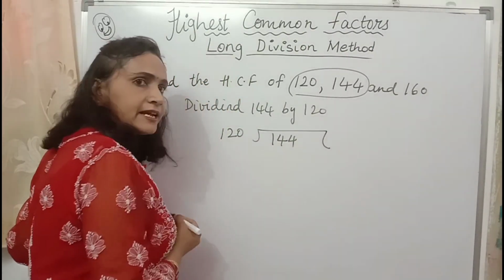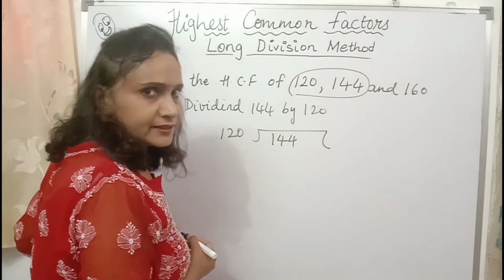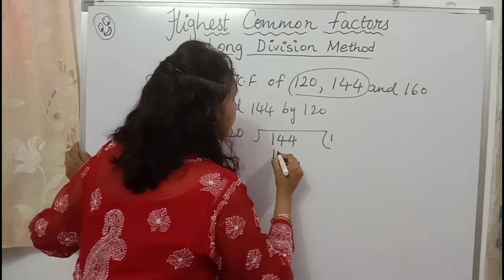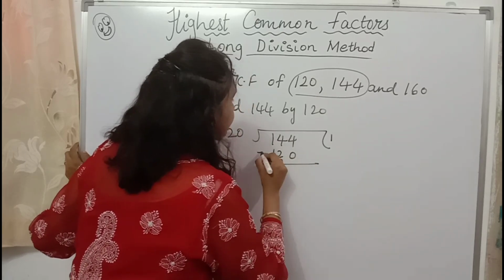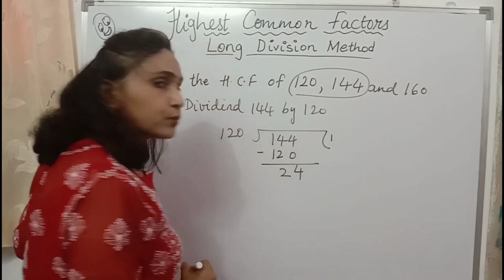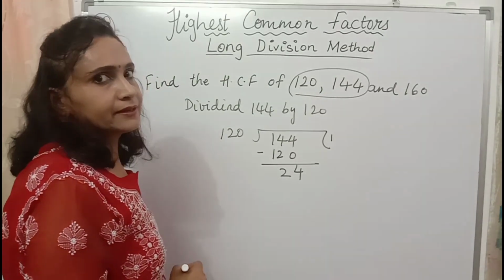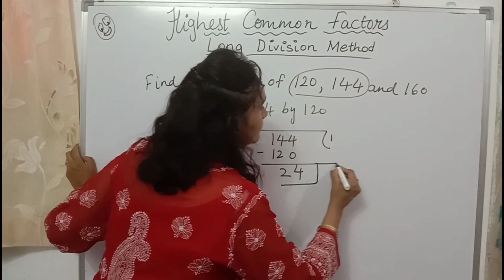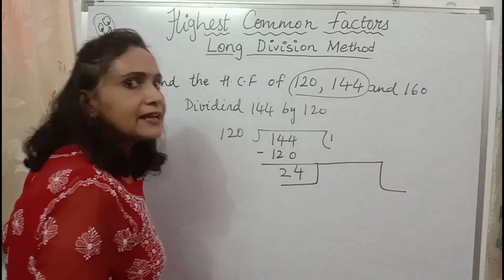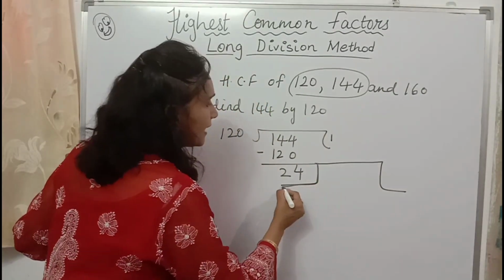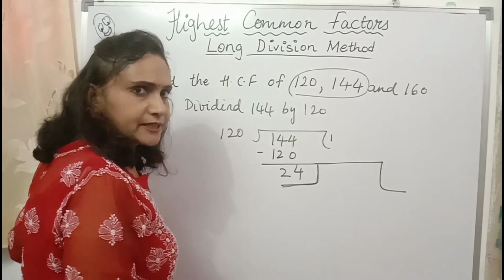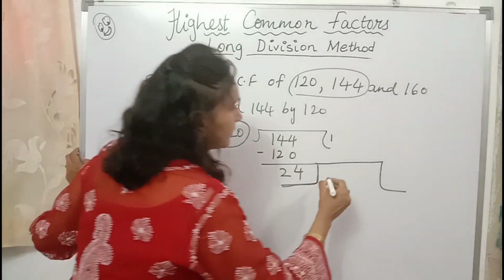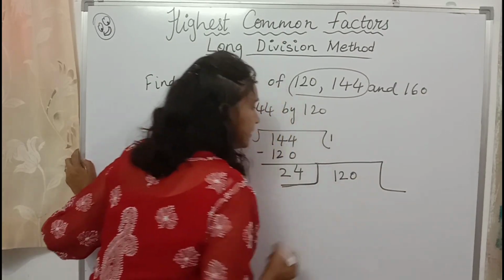This is my divisor. Is it getting divided? But not completely. It will give some remainder. So let's see how much remainder is coming. So 24 remainder is coming. Now what will I do? This remainder will become your divisor. Just make the bracket like this. Automatically it will become the divisor. And then this 120, the previous divisor, will become your dividend.